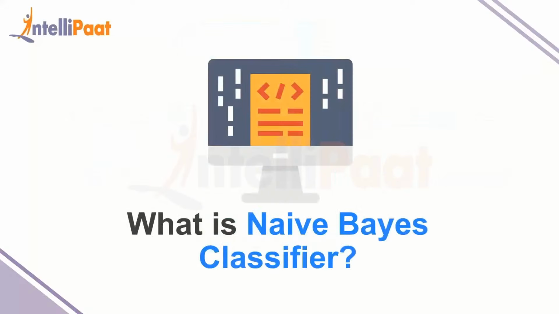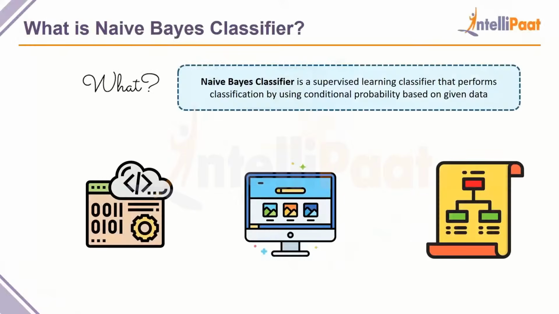We begin by taking a look at what is naive-Bayes classifier. The naive-Bayes classifier is a supervised learning classifier that performs classification by using conditional probability based on a given data. As you already know, naive-Bayes classifier is used for machine learning purposes, but it is especially useful to understand that it is a supervised learning classifier, meaning that when we are training our model, we should have some data set that has some features and a target feature.